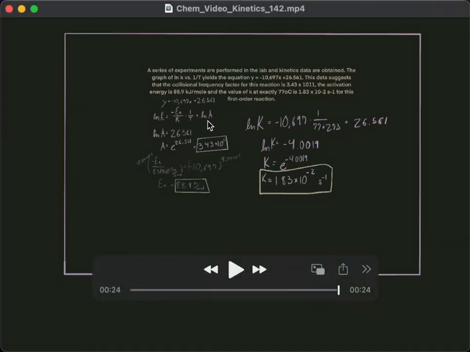Once again, we just took this equation and equated ln A to 26.561, 1 over T to x, ln K to y, and negative EA over R being m. This is how you can solve the Arrhenius equation given a y equals mx plus b and a temperature.